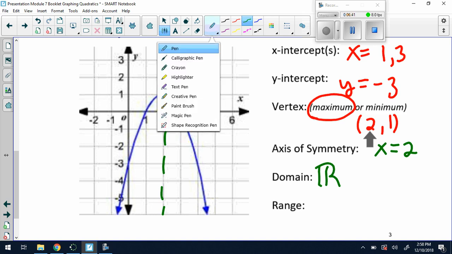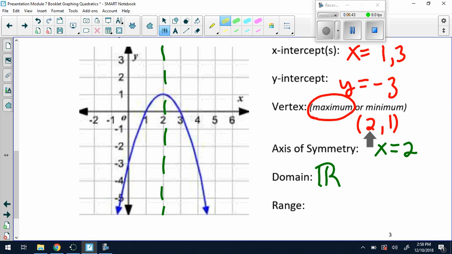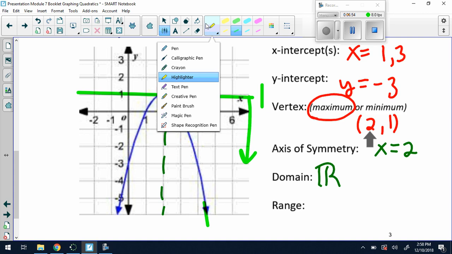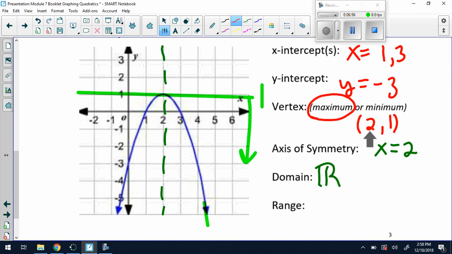And then be careful with your range. This time when I go to look at my range, this is my highest value, it's 1, and then I've got arrows going down, so I go down forever. This time my range is going to be y is less than or equal to 1, because my y values are getting smaller.